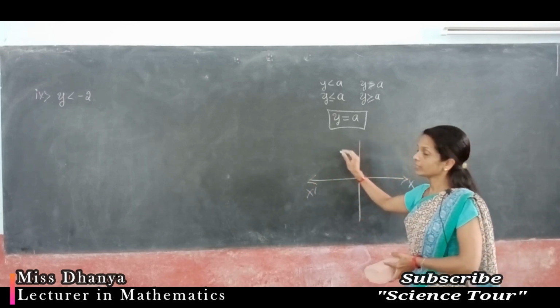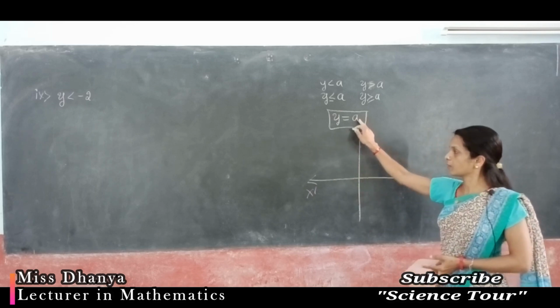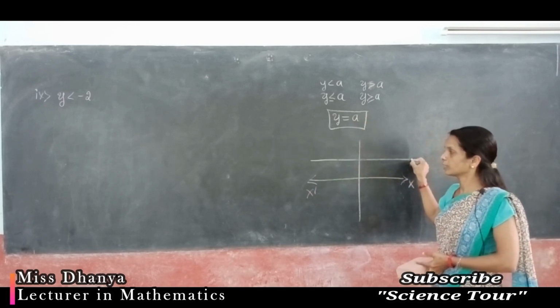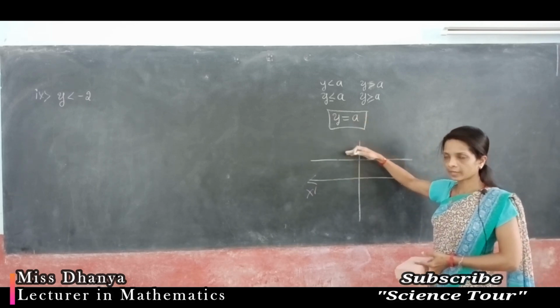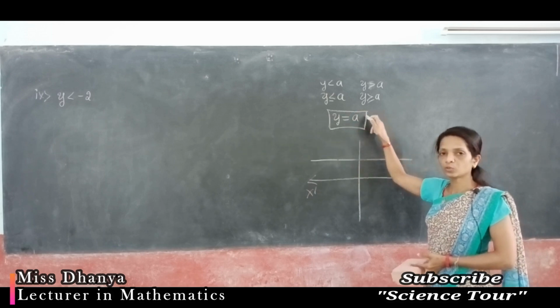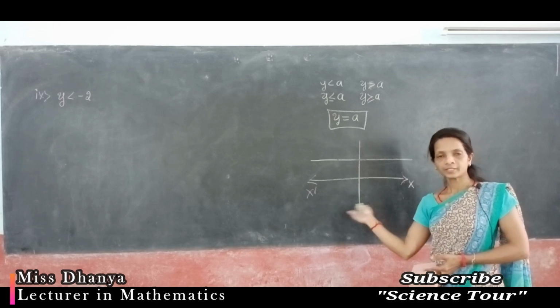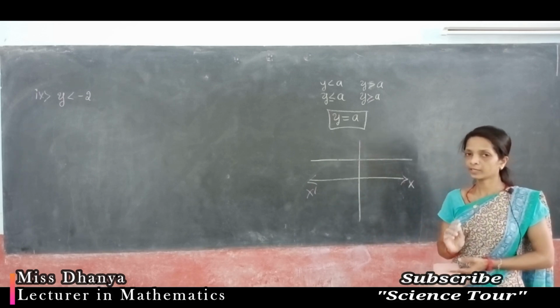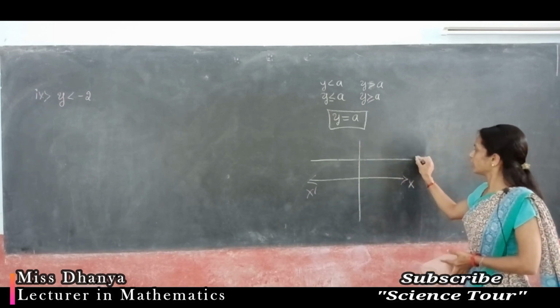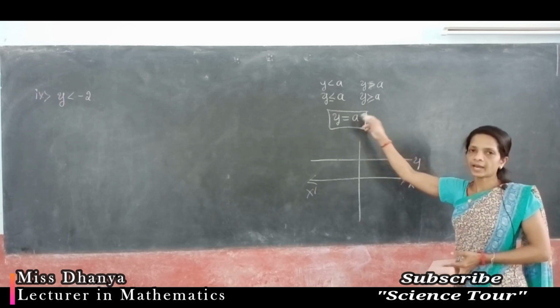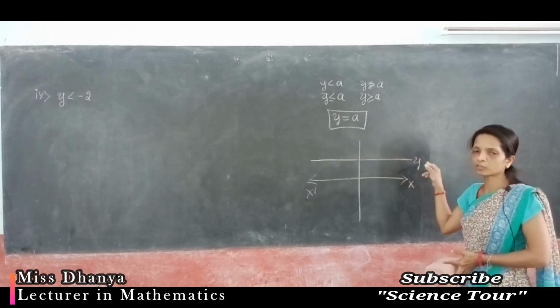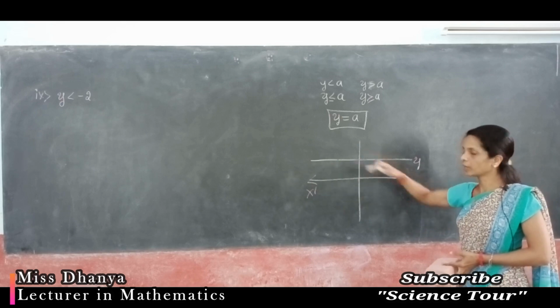Suppose a is positive, then that horizontal line lies above the x-axis. If a is negative, then that horizontal line lies below the x-axis. That you have to keep in mind. Now I will take a as positive, so that horizontal line lies above the x-axis.